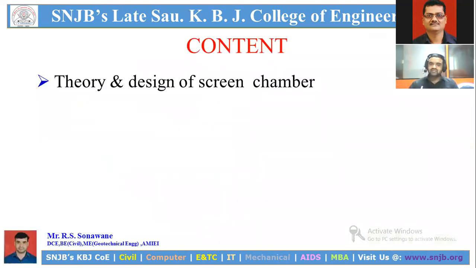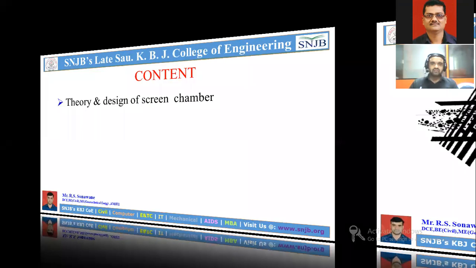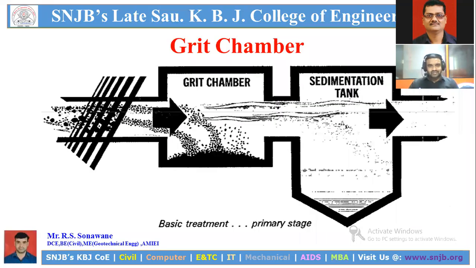Now you can see this pictorial image. Left to right I explain here. So these are the screen chamber or a screen. When wastewater or sewage water enters a sewage treatment plant, first it has to go through a screen chamber.